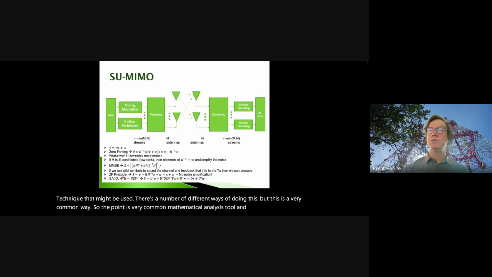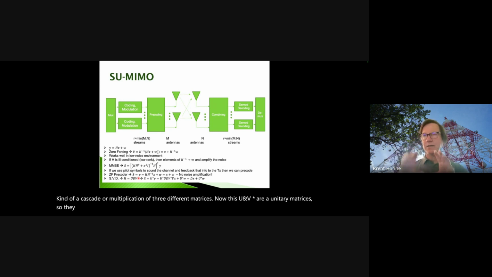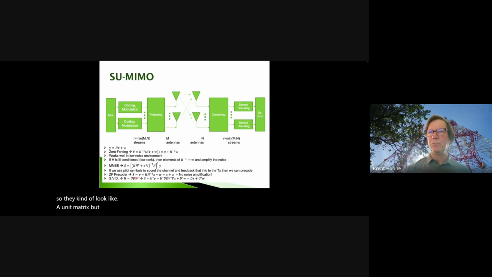What we're doing is taking this H matrix, which again is the transfer function that we're measuring here at the receiver. We're going to decompose this matrix into a cascade, or multiplication, of 3 different matrices. This U and V star are unitary matrices, so they kind of look like a unit matrix, but a little bit more complex than that.